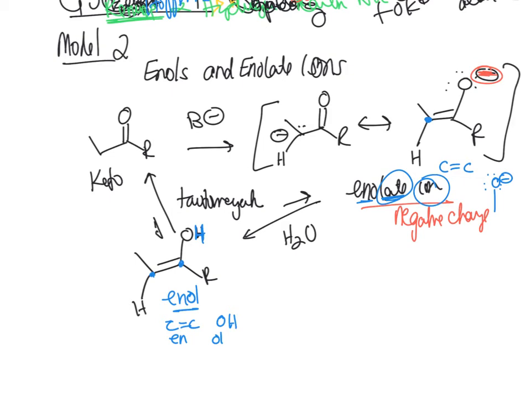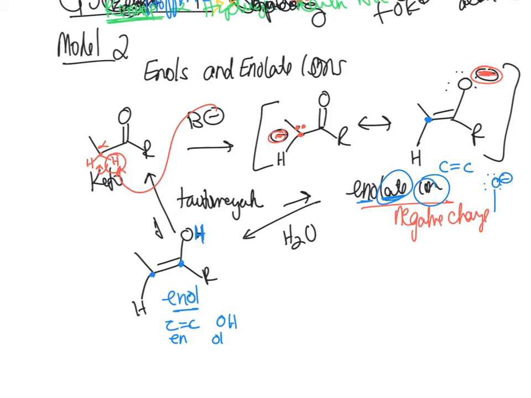Which hydrogen is removed to form the enolate ion and the enol? It is this alpha hydrogen that is removed. The base comes here, removes that hydrogen to generate this carbanion.